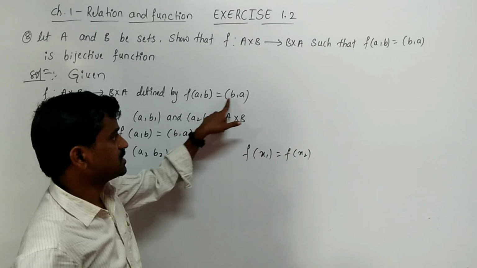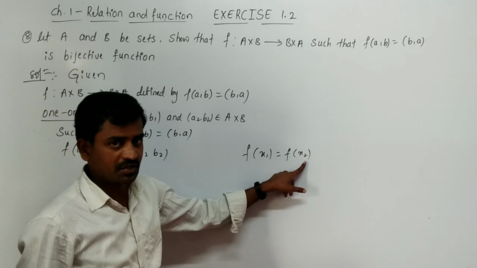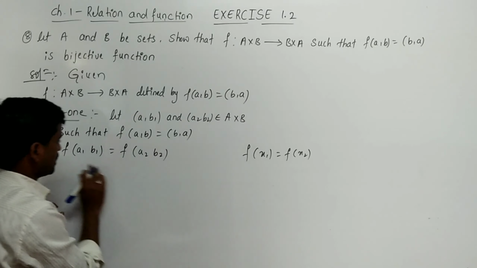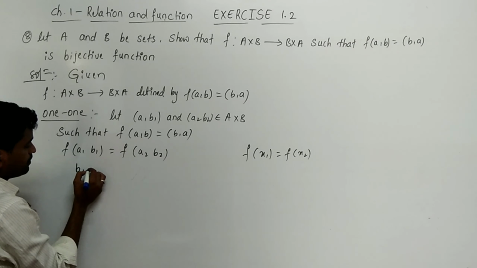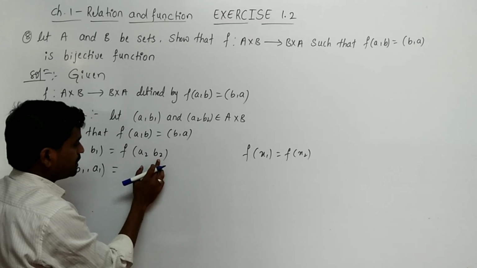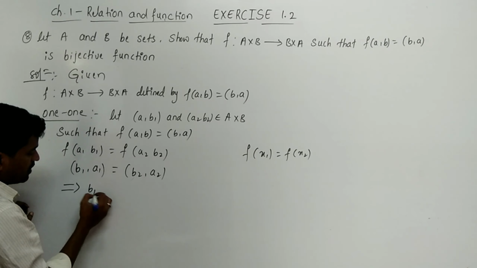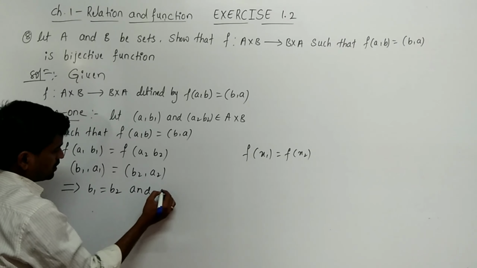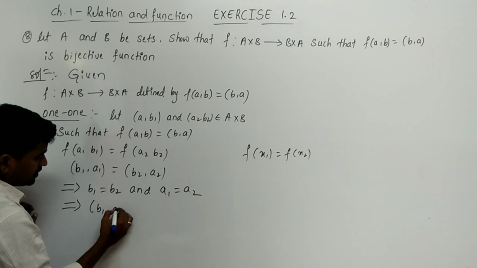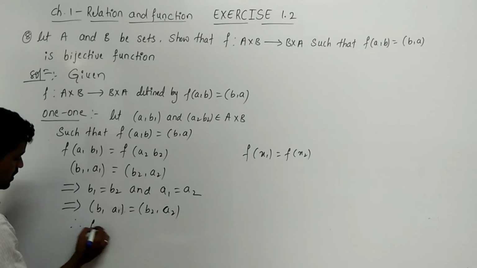Here f of (a, b) is (b, a). So f of (a1, b1) is (b1, a1), and f of (a2, b2) is (b2, a2), which implies b1 is equal to b2 and a1 is equal to a2, which implies (a1, b1) is equal to (a2, b2). Therefore, f is 1-1.